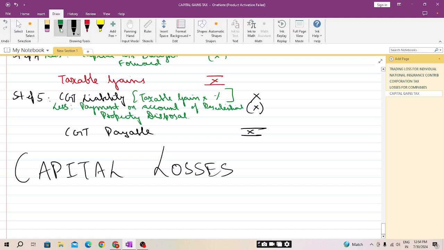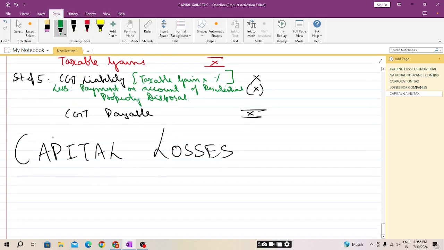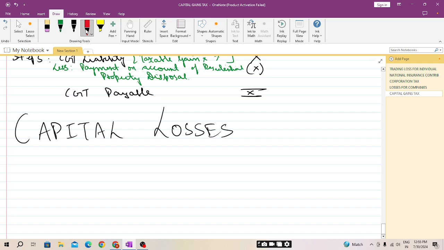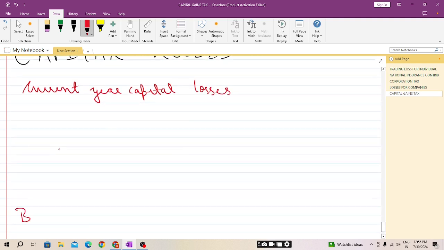So the main basic points here, students, are current year capital losses and brought forward capital losses.